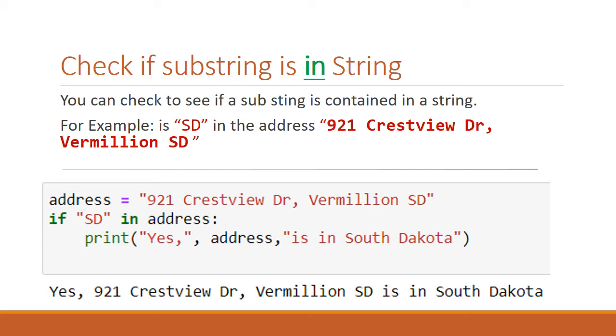Then we ask the question, SD in address. That returns true or false. If it's true, then we can print the message, yes, 921 Crestview Drive, Vermillion, South Dakota is in South Dakota.